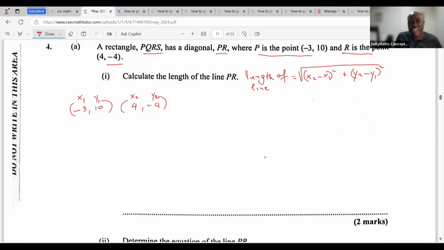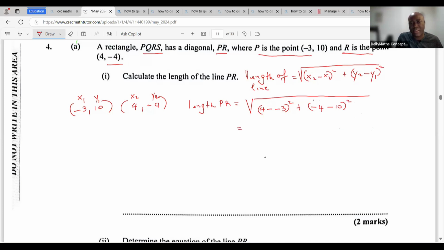We want the length of PR, and this is going to equal the square root of x2, which is 4, minus x1, which is -3, squared, plus y2, which is -4, minus y1, which is 10, squared.